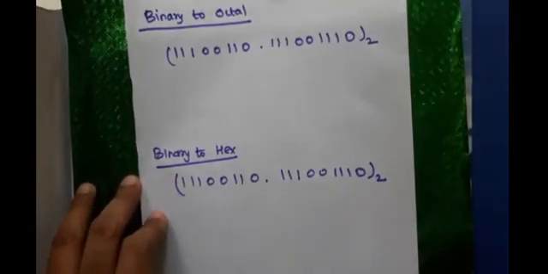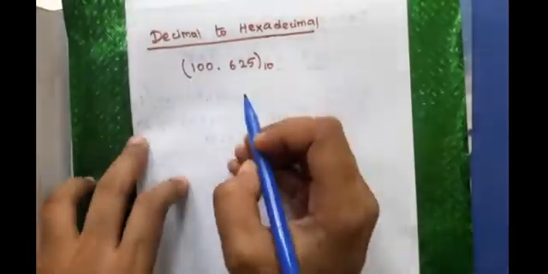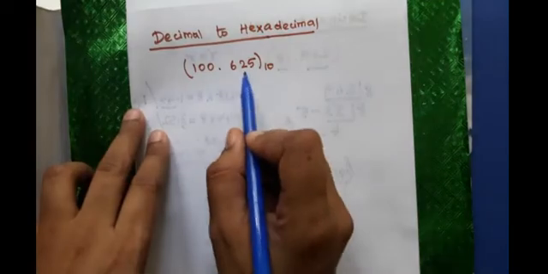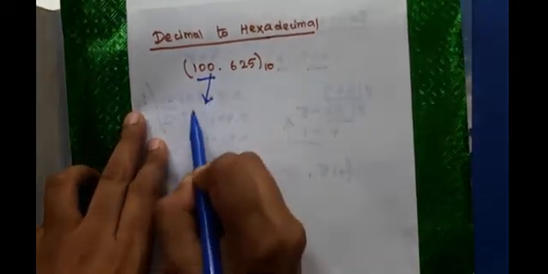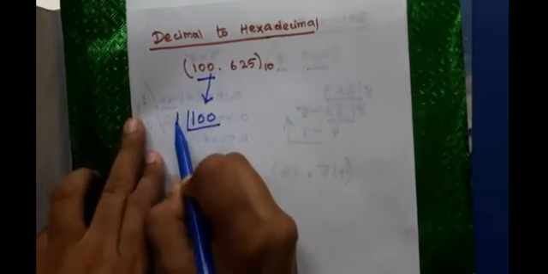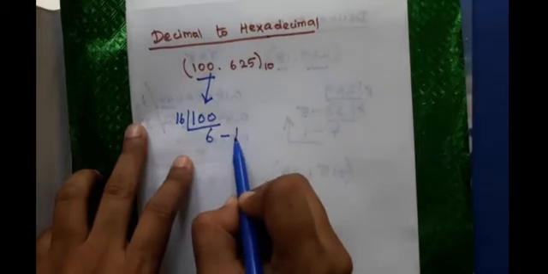Similarly, a decimal number can also be converted into a hexadecimal number. Let's take an example, 100.625. In order to convert this into a hexadecimal number, I take the whole number part and divide by 16. If I divide by 16, it goes by 6 and the remainder is 4.